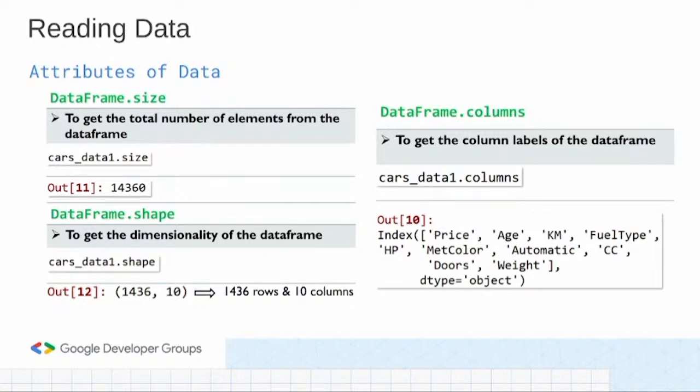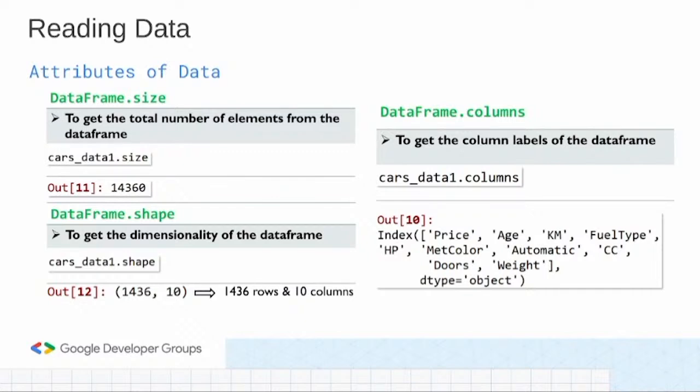Now look at data frame dot size. Data frame dot size gives the total number of elements in the data frame. Here it is just a multiplication of 1436 into 10, where 1436 are the rows and 10 are the columns. When you multiply that, you get the total number of elements, and that is what the output represents.